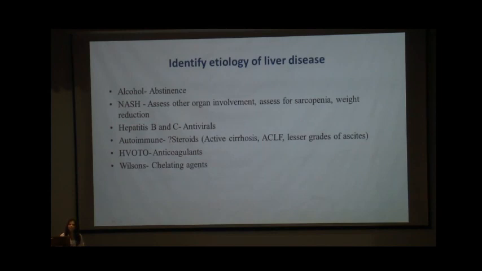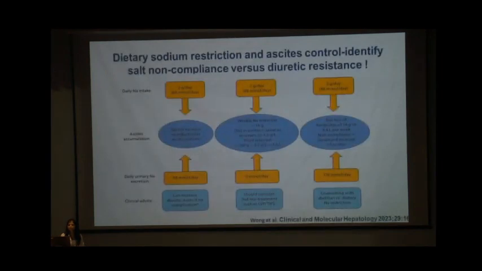Different etiologies are listed here, but in the context of NASH, which we see more commonly, it is important that we assess the other organs as well, because in these patients ascites can be contributed by cardiac dysfunction and kidney dysfunction, and we must make sure we are not dealing with other causes of ascites. It is also important that in our country we rule out tuberculosis, because that's an important cause of refractoriness of ascites in patients with cirrhosis.